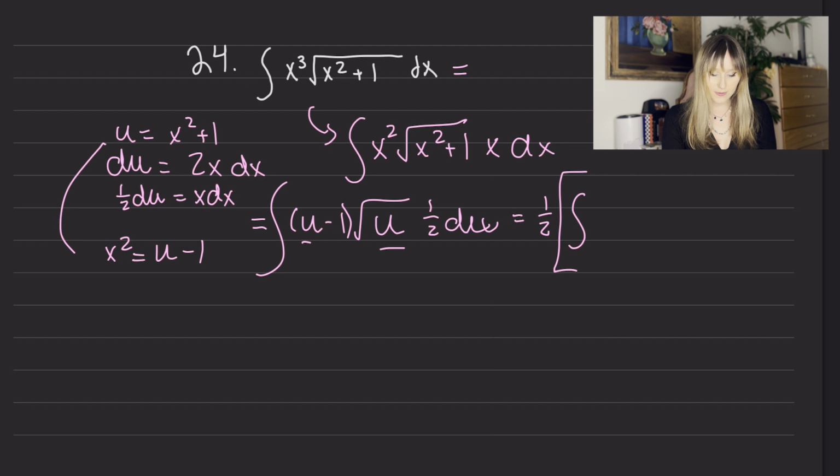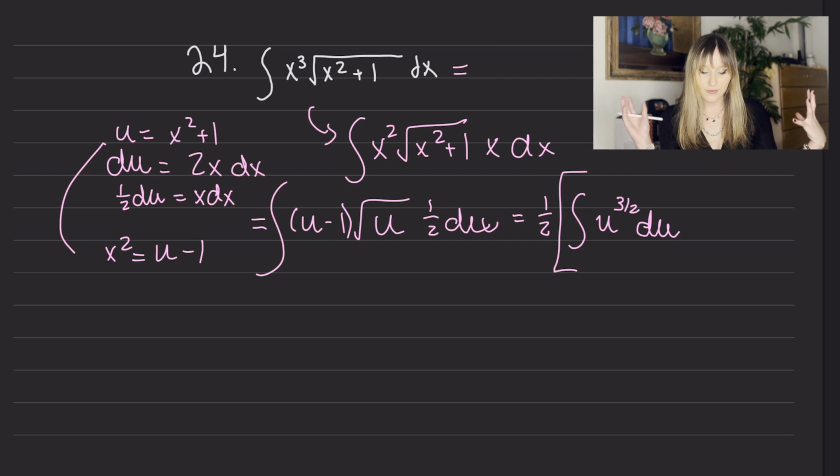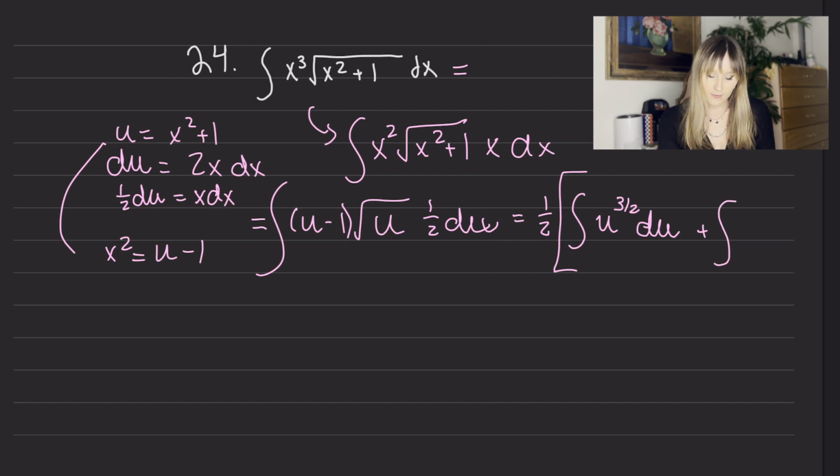So we're going to distribute that u minus 1, and we get u to the 3/2. Do you see what I did there? I just kind of did the u to the 1 plus u to the 1/2. We got u to the 3/2. And then we have u to the 1/2, but that's going to be a minus u to the 1/2 du.